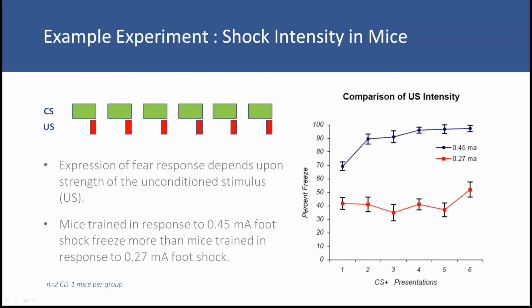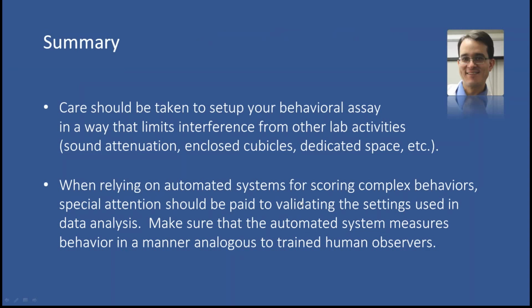Okay, so just to summarize the talk, thinking back to the components and the equipment instrumentation, care should be taken to set up your behavioral assay in a way that limits interference from other lab activities. So using sound attenuation cubicles, using sound attenuation foam lining those cubicles, having a dedicated workspace if possible.